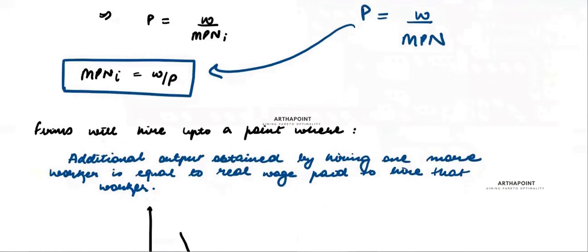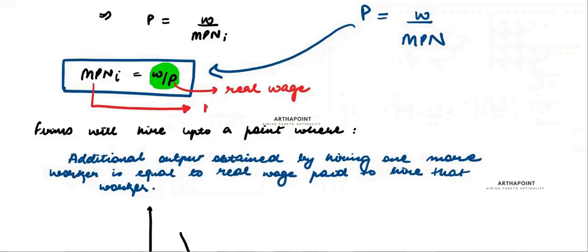Now just think about this, okay? This W by P is the real wage of the employees. And this is the marginal product of labor.